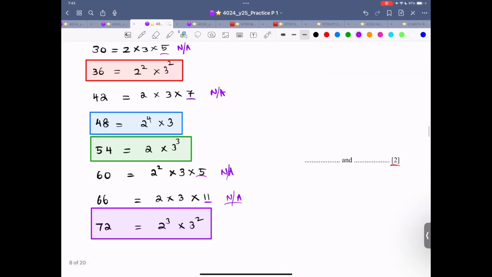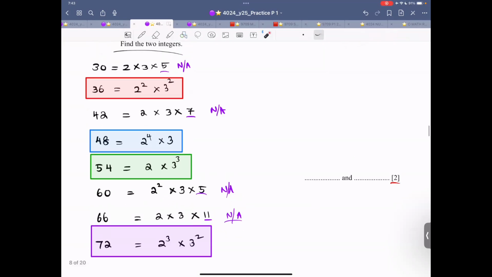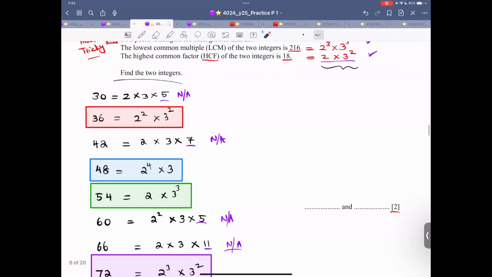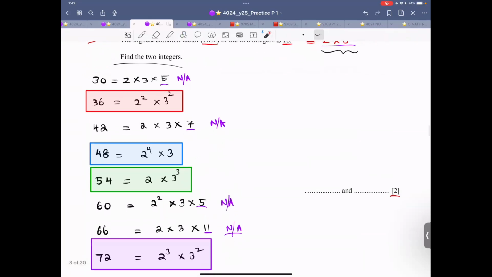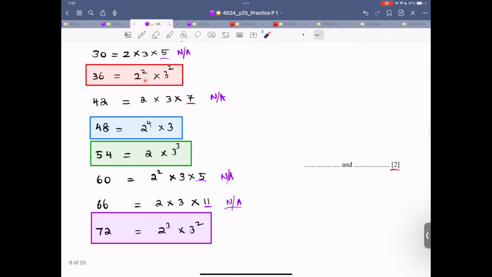Now, if I look at these numbers, I need a HCF of 18, the highest common factor. So we have 2 square, we have 2 power 4, we have 2 cube. If I take these two, yes, 2 can be taken out. But 3 and 3 cube, only 3 will be taken out.